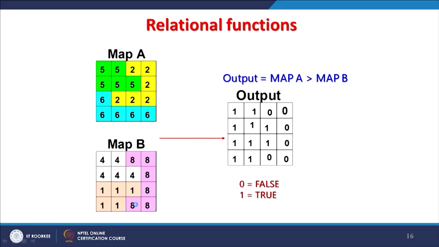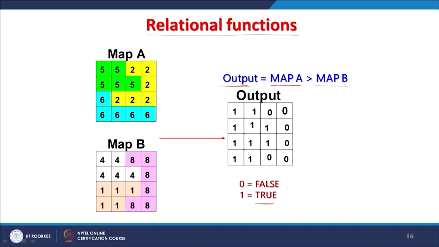Let us see some other examples also, like relational functions: greater than, less than, equal to. Now here the condition is on the output map: if map A is greater than map B at the individual cell level, the operation will be done. So if the map A cell is more than map B, then it should be true, otherwise it is false.